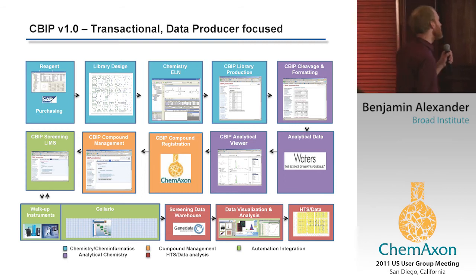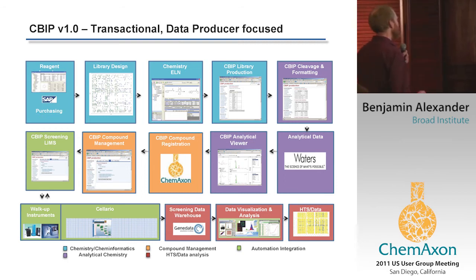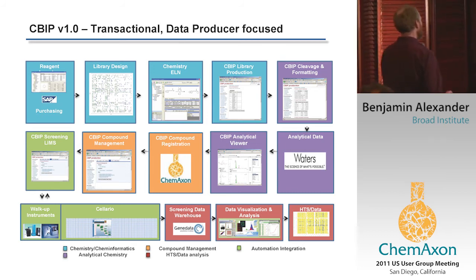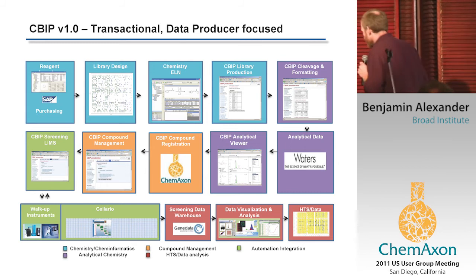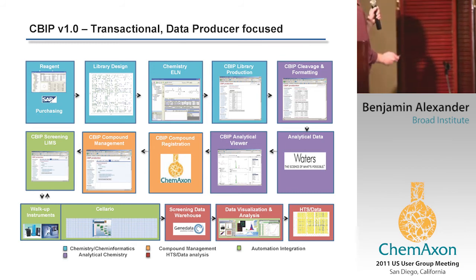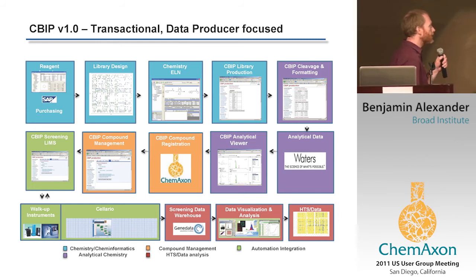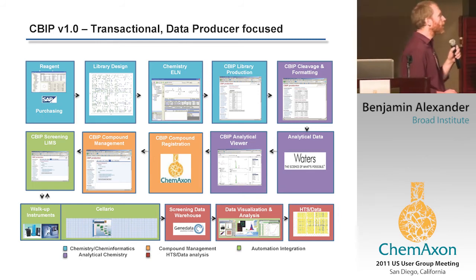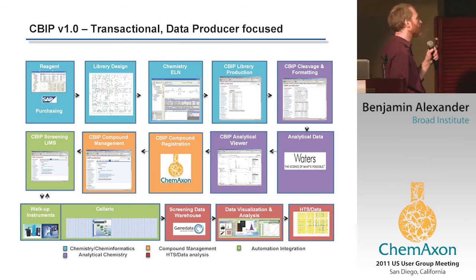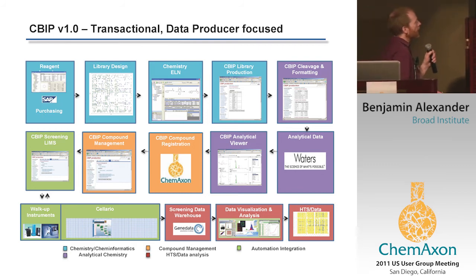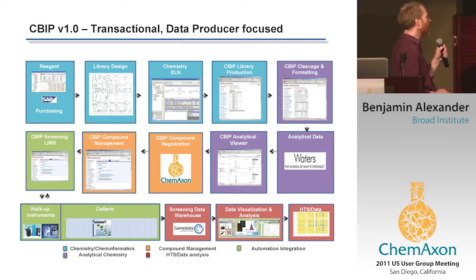If we can achieve at least 70% purity, then we move on to generating various analytical numbers that we can present to the scientists. If all that goes as planned, each of those compounds goes into compound registration, which I've heard a lot about this morning. We have our own set of tools for compound registration. Then we store them in big freezers and allow people to access them through our compound management tools.